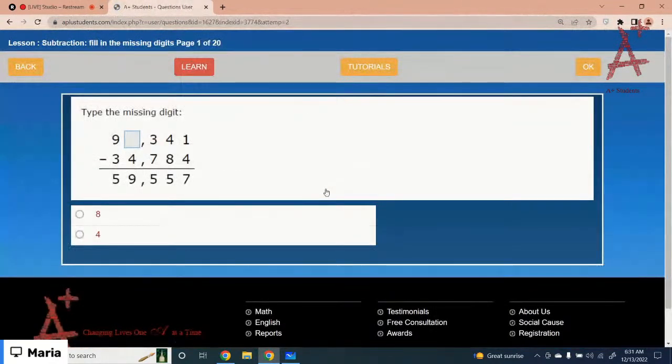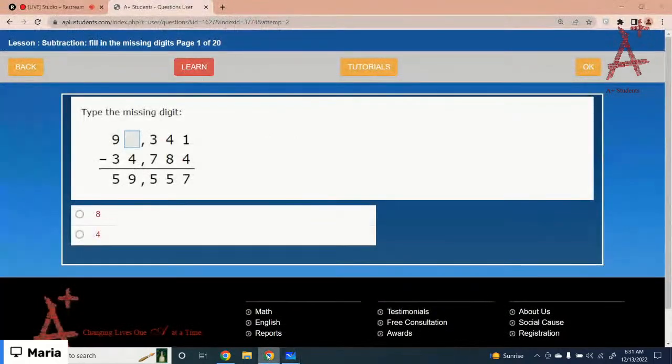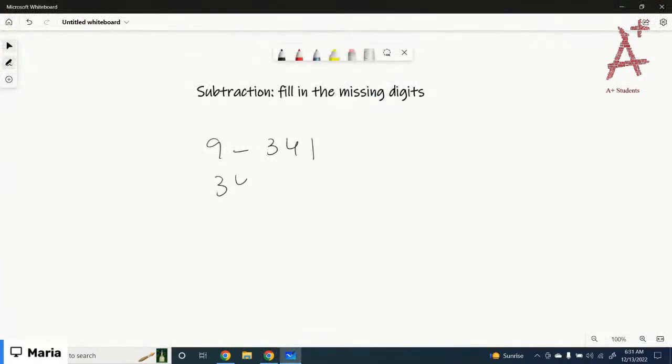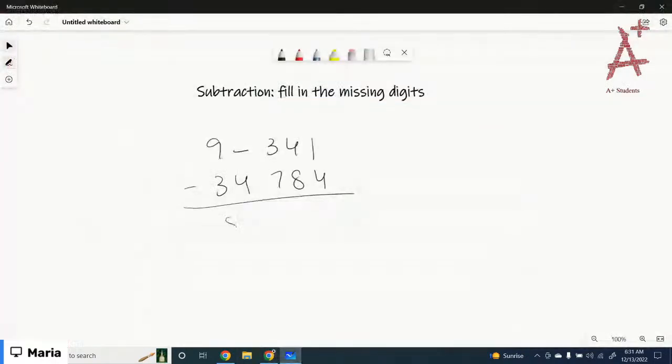It is 9, missing digit 341. Subtract 34784. Okay, and you are given the answer, that is 59557.